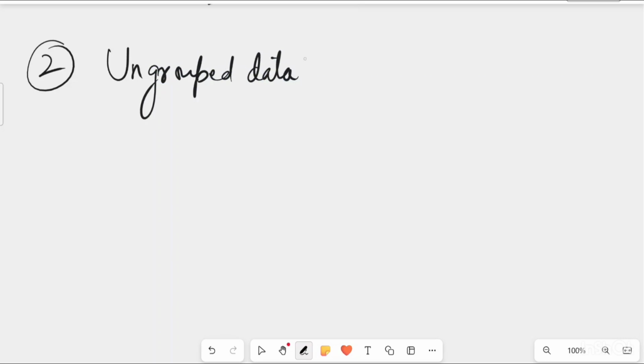Now second is ungrouped data. A data which cannot be organized into classes.